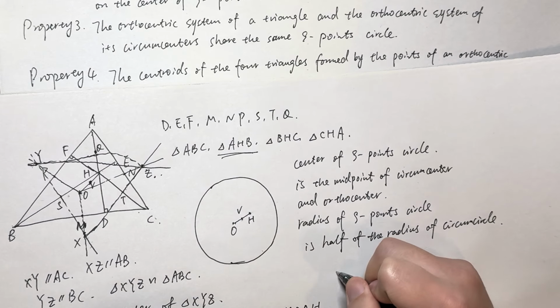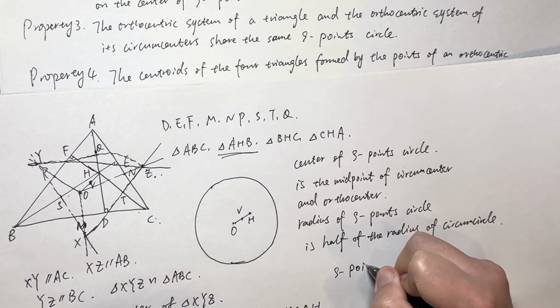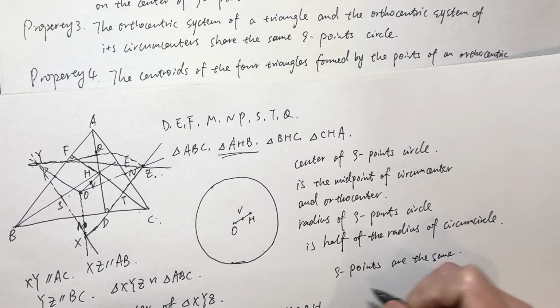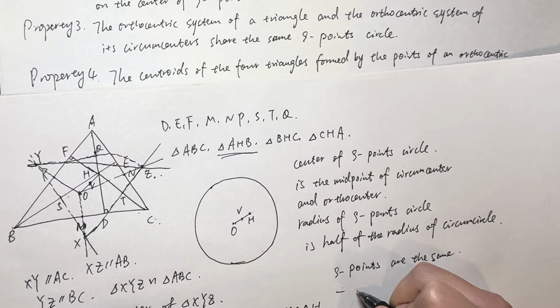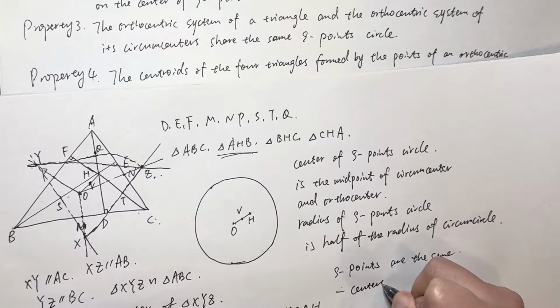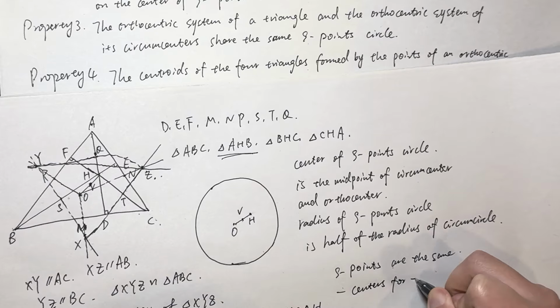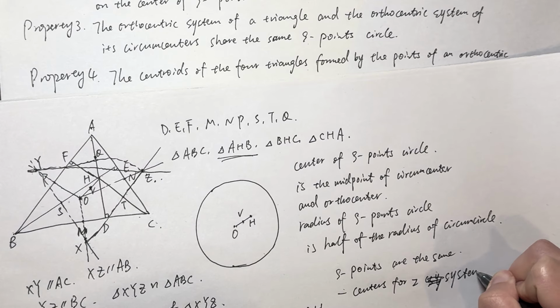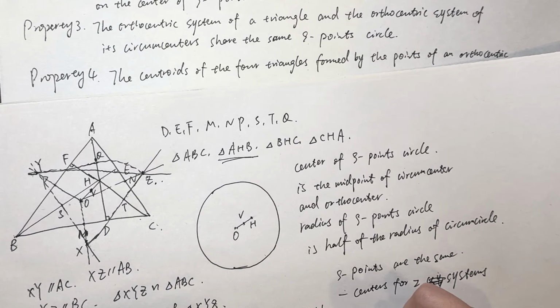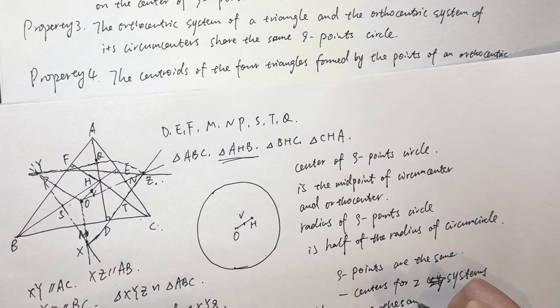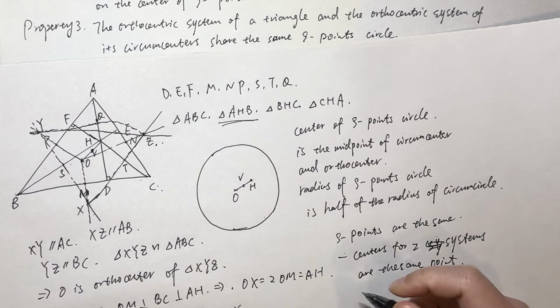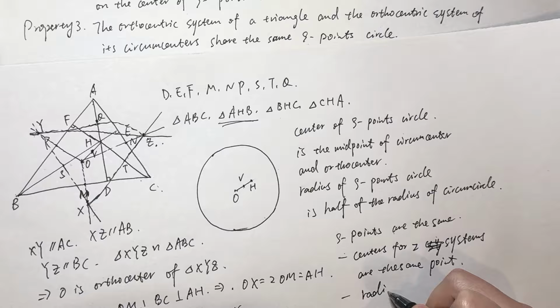So to prove that the 9-point circles are the same, we need to prove that the centers for the two systems are the same point. Right, that's the first step, and then we consider the radius.